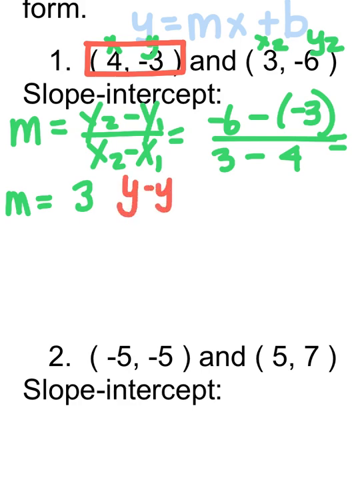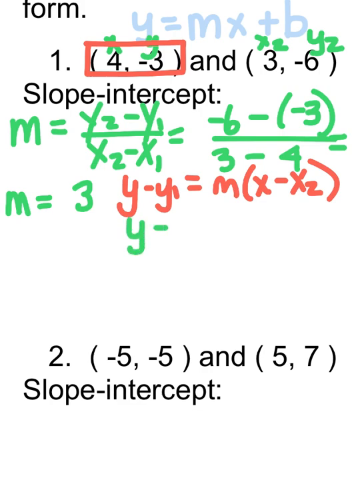Remember that you can use either of the points given. Let's start out with our equation y minus y1 equals m times x minus x1. This is our point-slope equation. We're using that because we have a point and we have a slope. So I'm going to use the one highlighted in red here.